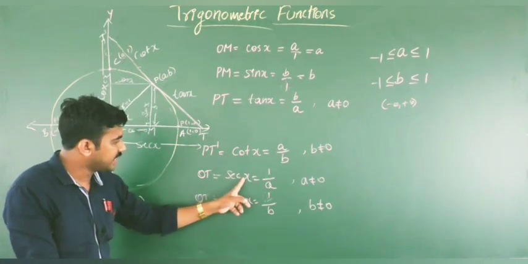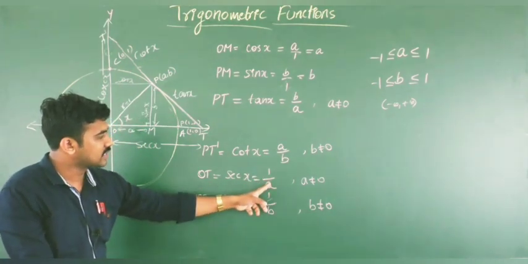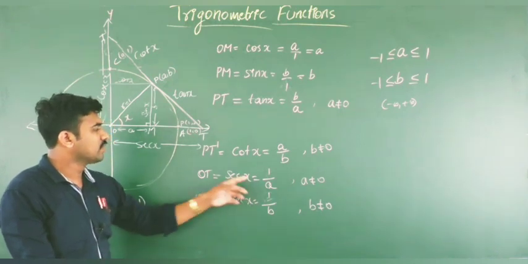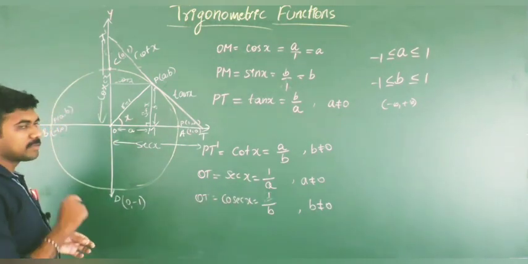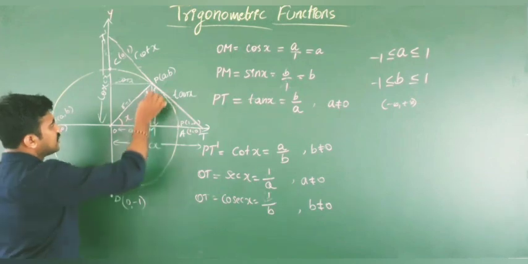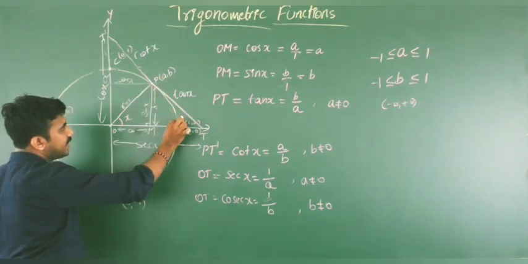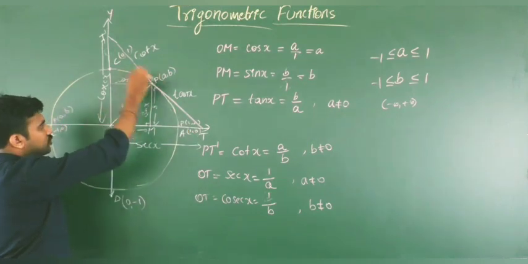And now secant x is nothing but the reciprocal of cos x, that is nothing but 1 by a. Okay, see here the x coordinate is a, and the x coordinate ranges from -1 to 1.